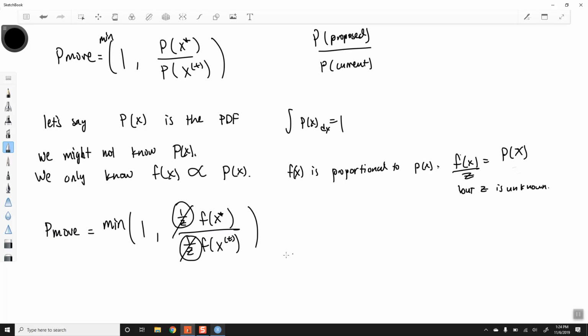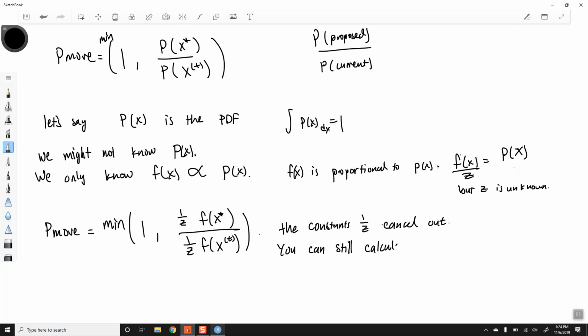So you can still calculate p move even if you don't know the exact PDF, only something proportional to it, without the proportionality constant.